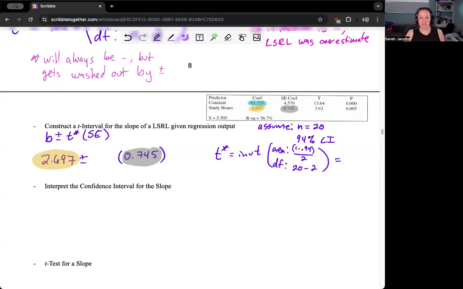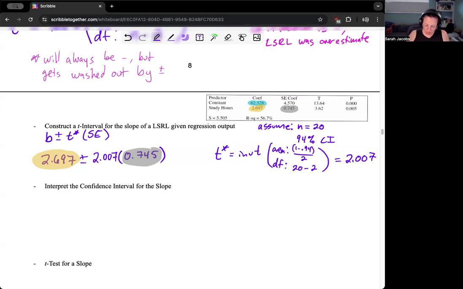When I pop all that into my calculator, into inverse t, 1 minus 0.94 divided by 2, degrees of freedom is 18. We get a t star of, again, I'm going to just ignore the negative sign, 2.007. So that's what's going to go right here.